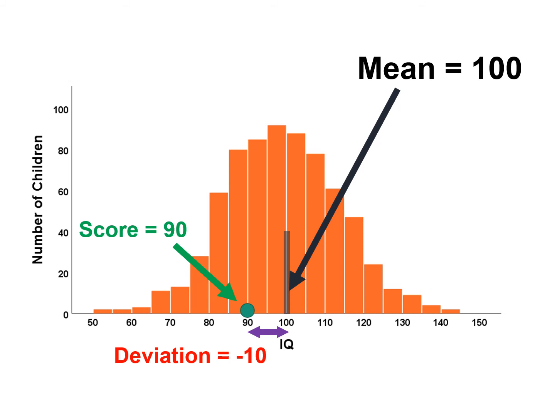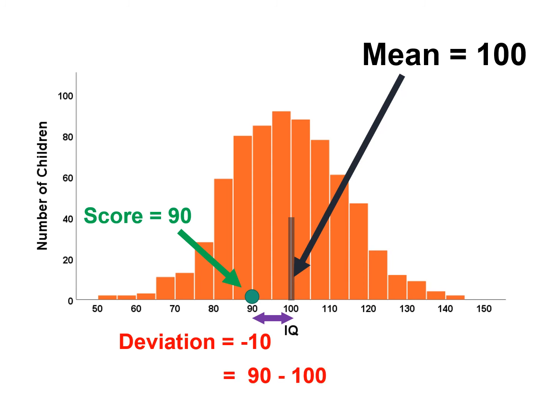In this example, the child's score is 90 and the mean is 100. The child's score is less than the mean and therefore the deviation must be negative. The distance from the mean is 10 and the deviation is negative 10. Here's the formula for the deviation. 90 minus 100. That is, the deviation is equal to the child's original score minus the mean.